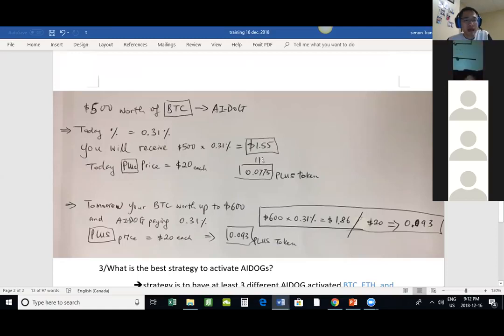Then what they pay you is they convert that $1.55, dividing it by the price of Plustoken at that time, and you will get the amount of Plustoken. In this example, you will get 0.0775 Plustoken. That's how you calculate the Plustoken income every single day based on whatever you are holding, whatever you are hodling.